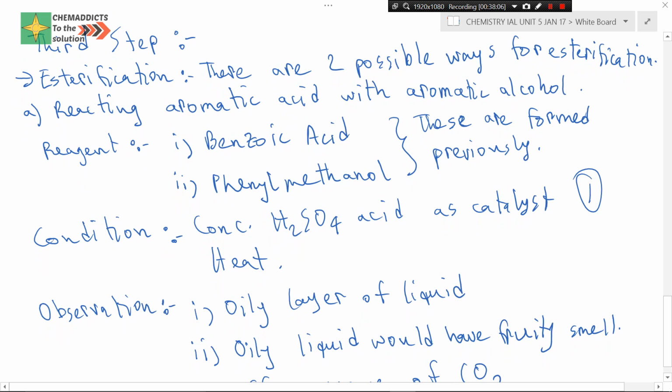Observation is not required, but still we have discussed it. For mentioning the reagent and condition under esterification, we gain the full mark. That is how we are going to answer.